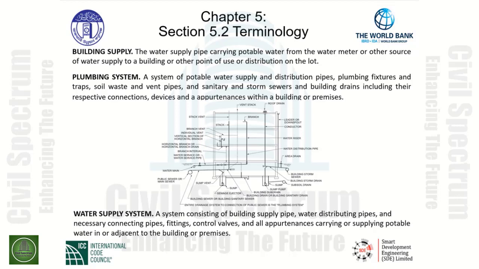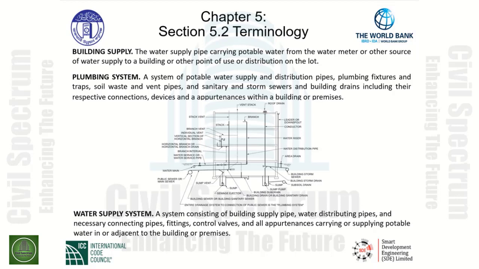From that point, we run piping, the water service pipe, into the building, and once it enters the building, we locate and install another valve. This could be termed a control valve. This can be termed a main shutoff valve. This will completely shut off the water to the entire building from within the building.